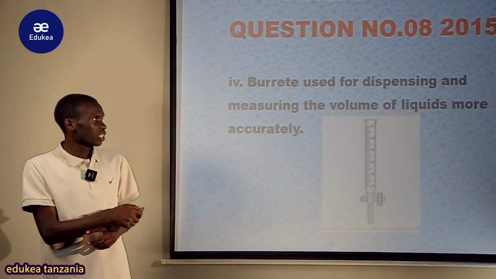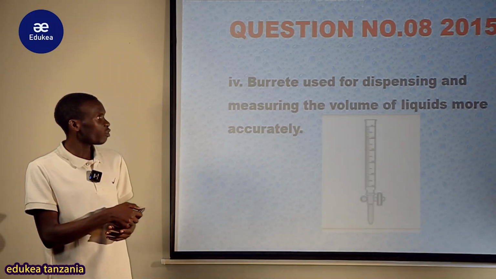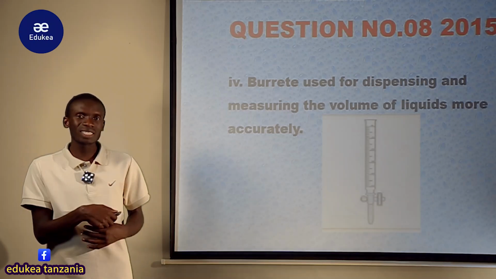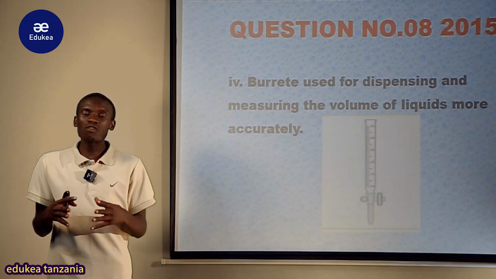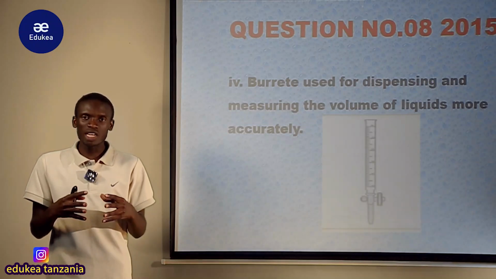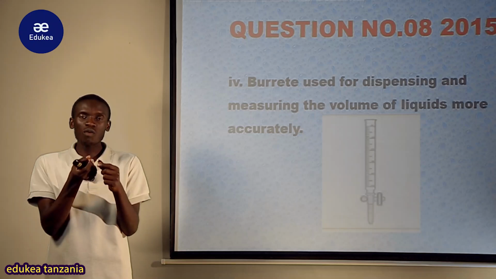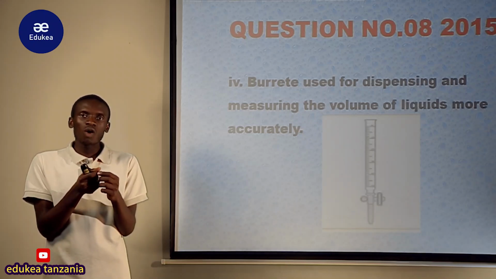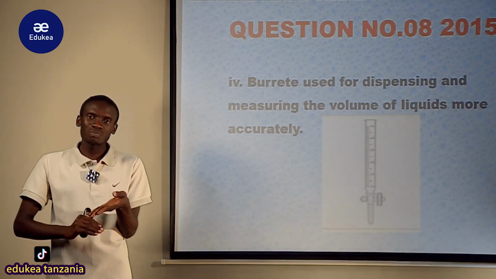Another is burette. We say burette is used for dispensing and measuring the volume of liquid more accurately. Burette ndio hii hapa, huwa inatumika kupima volume ya liquid accurately, na hiyo inafungwa juu, unakuwa unameasure kwa kufungua. So unasoma kuanzia 0 juu unashuka chini mpaka 50.